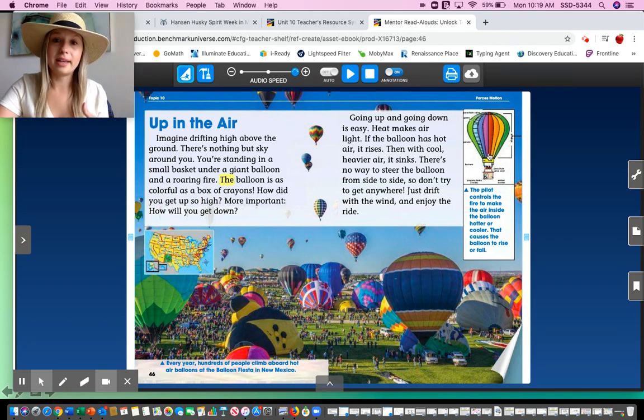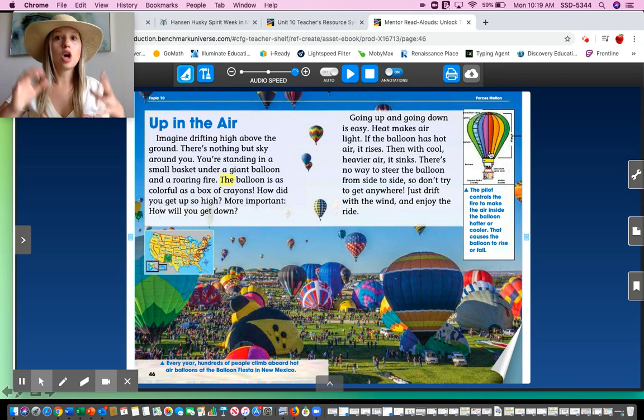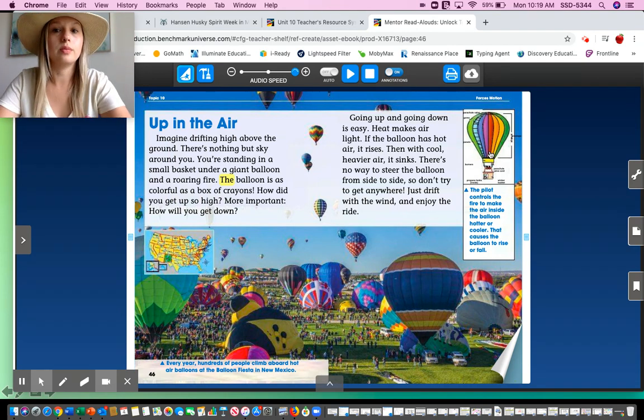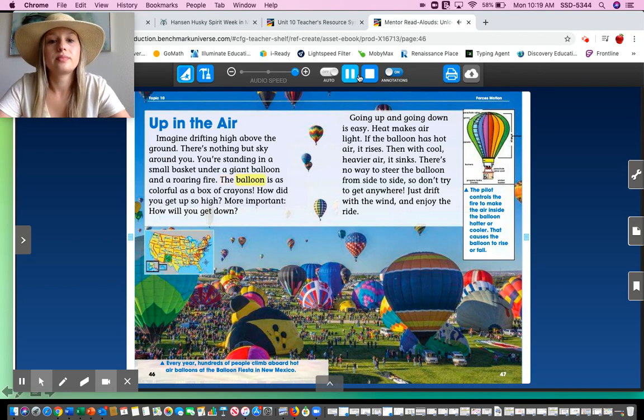And do you know what makes the balloon go up? Fire. So there's actually a little fire right here. It's not going to burn the people's heads. It's safe enough, but it's high above them. And the fire makes hot air that rises the balloon. Hot air rises. The balloon is as colorful as a box of crayons.